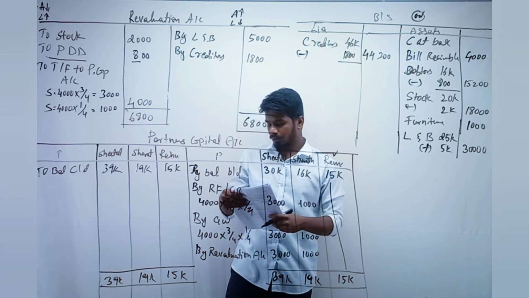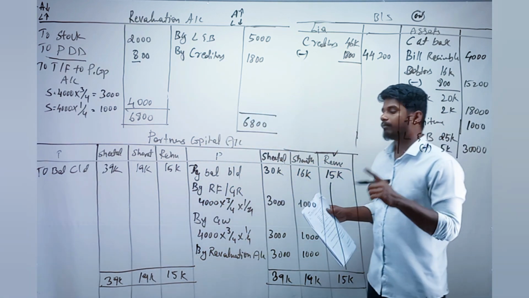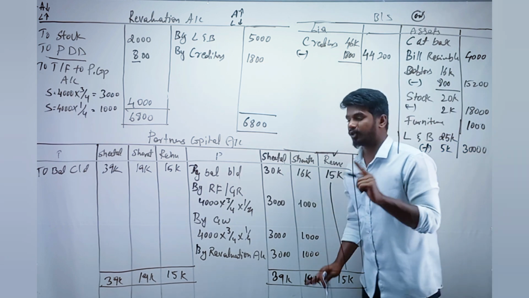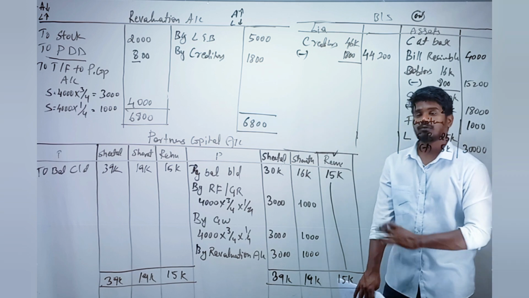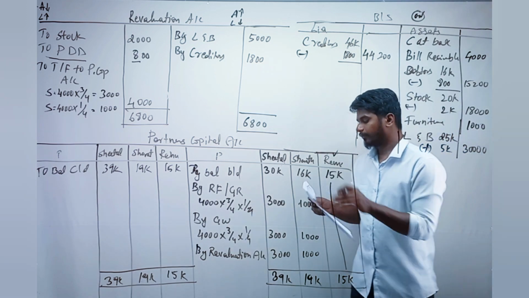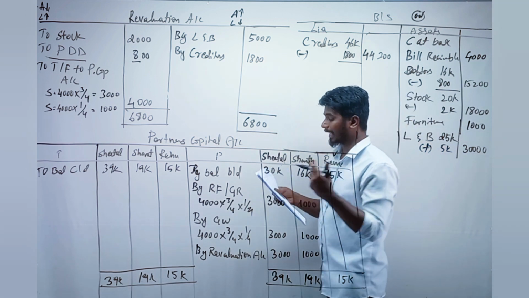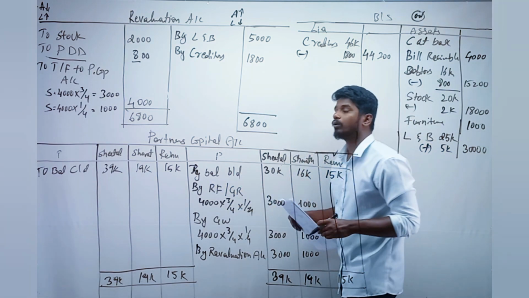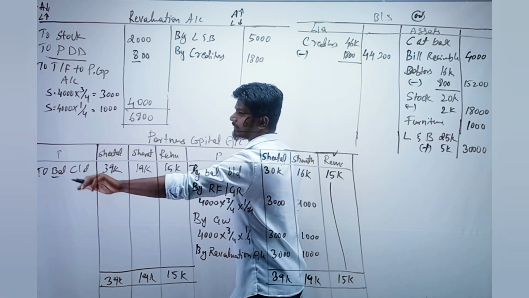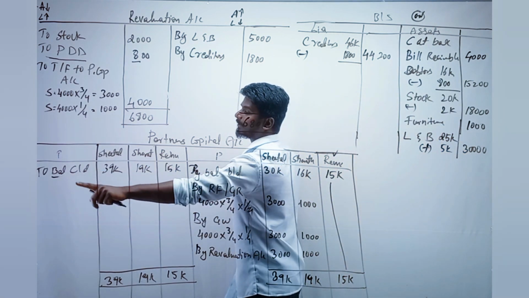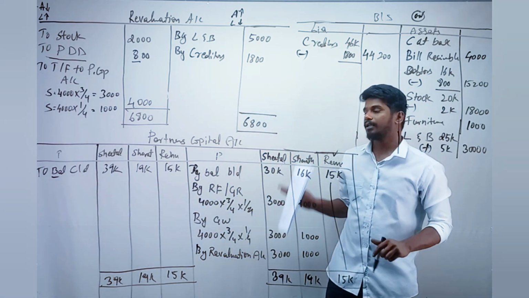Fine. Next we have the reserve fund, but we won't record that because we have already distributed it to the partners' capital accounts, correct. So we will exclude that, and we have the partners' capital account balances. How can we record them? Just take the balance carried down of the partners' capital accounts, whatever balance we got, and write it here.